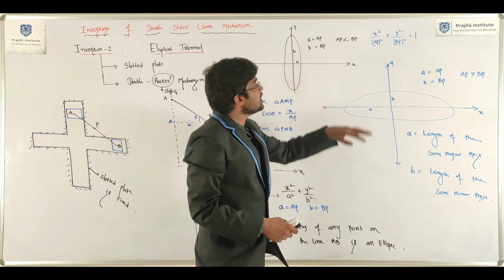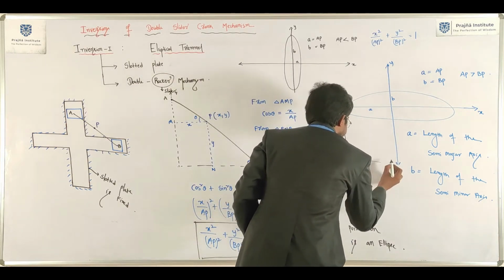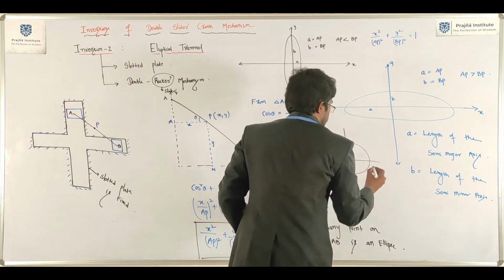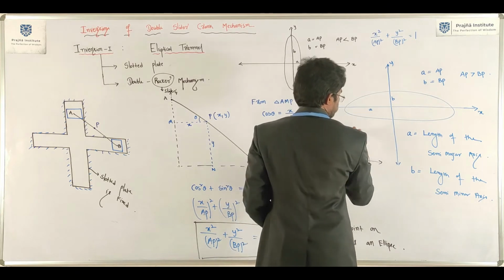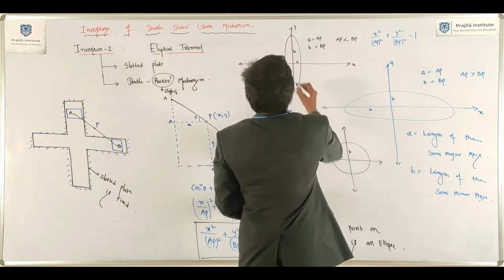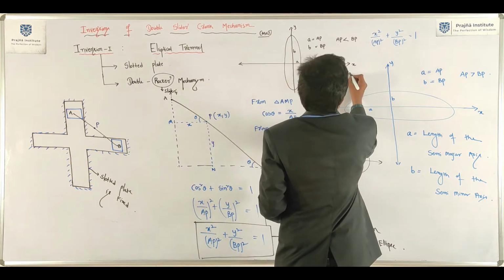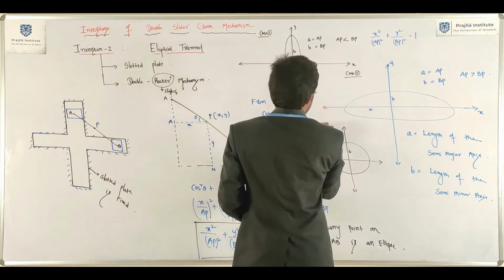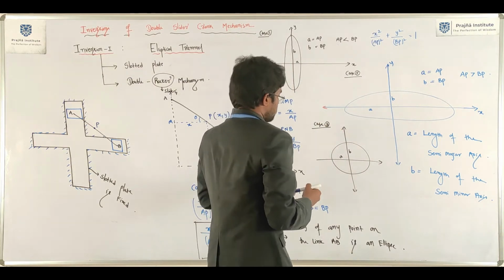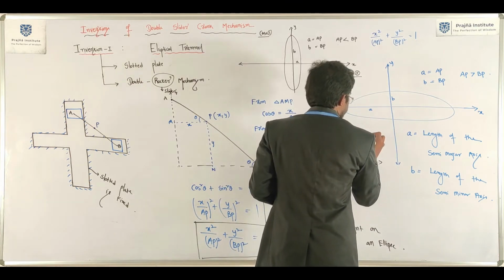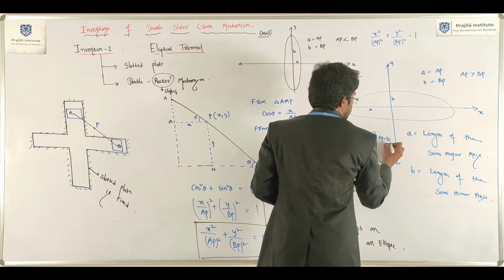If AP equal to BP, in that case, what will you get? Tell me. Here, of course, it is A, it is B. Case 1 and case 2 are done, so this will be case 3. Here A is equal to AP, B equal to BP, and AP is equal to BP.